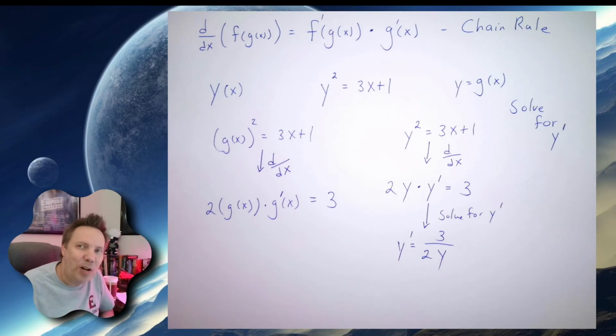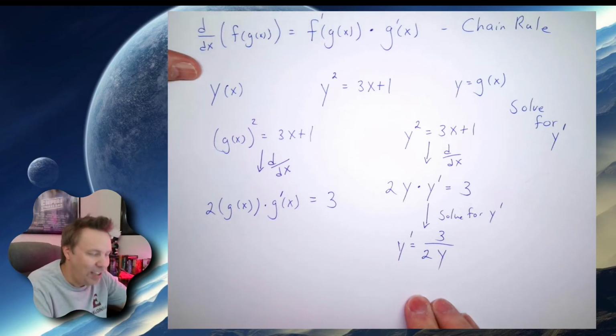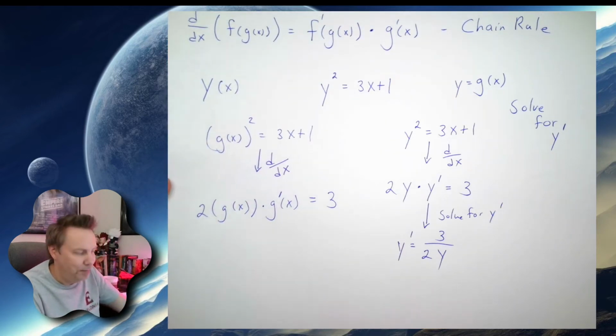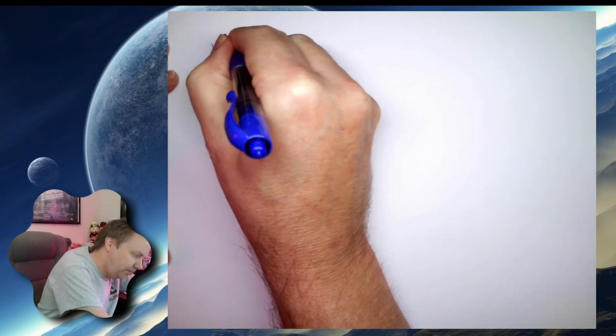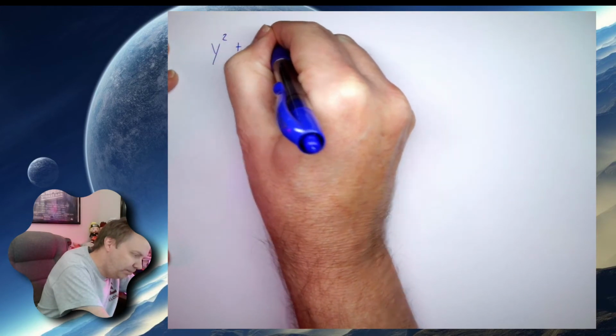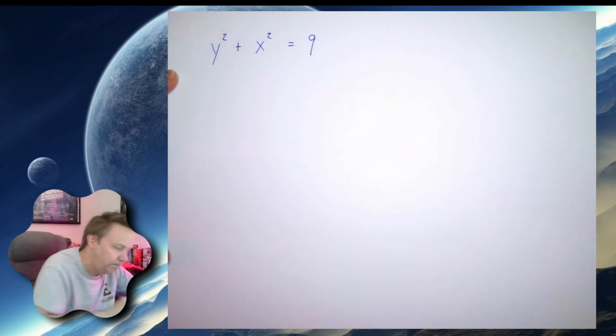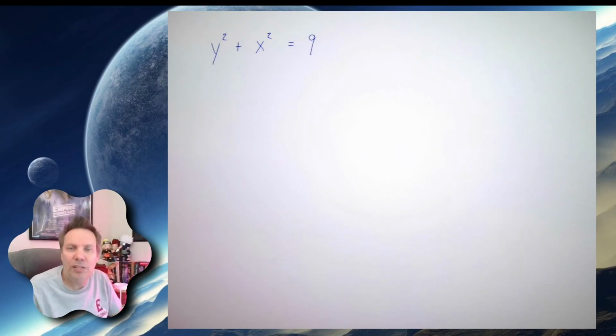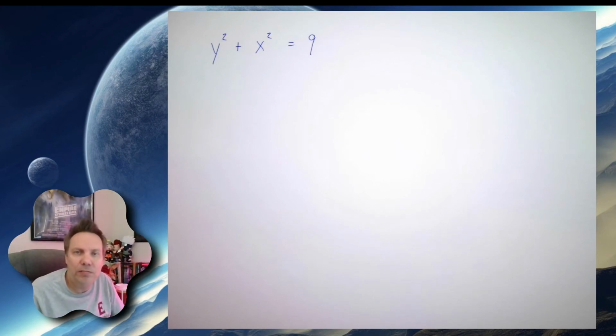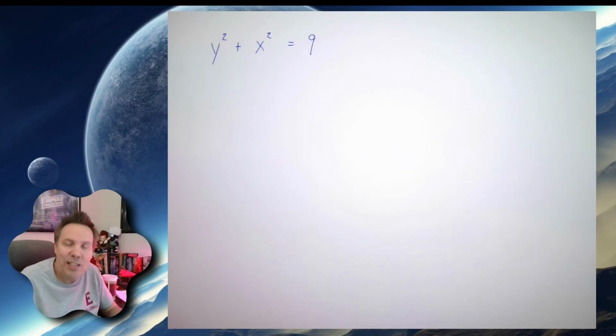So let's try another problem here. I'm going to get a little more complicated on you. Suppose I have an equation. x squared plus y squared equals 9. This is the equation of a circle of radius 3 centered at the origin.